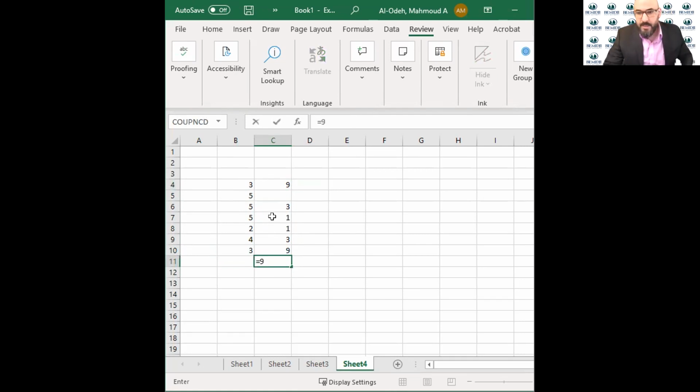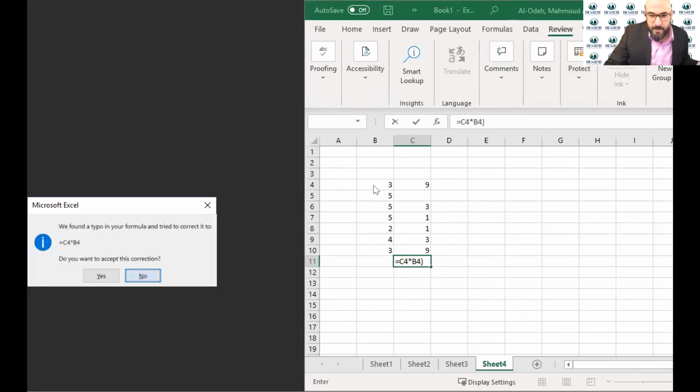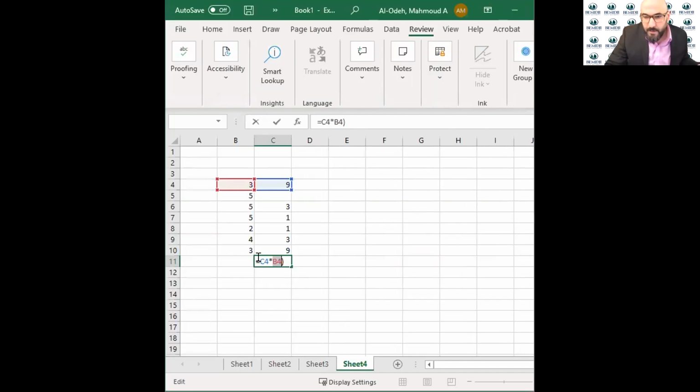9 times 3. All right, so actually, yep, it's 9 times this. And it's better to have parentheses here. I'm going to put the parentheses here and do the same thing.